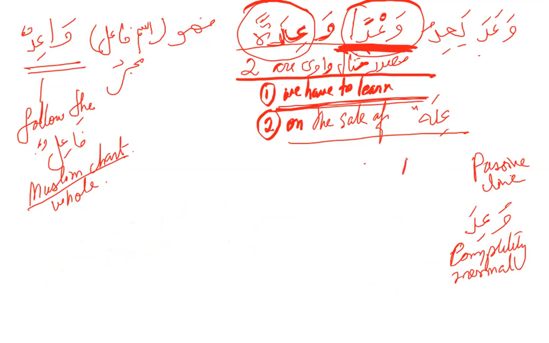So passive present tense is yu'adu. The waw returns.